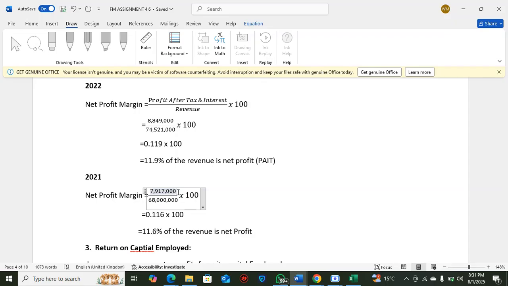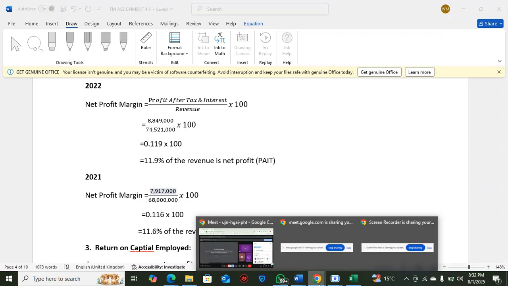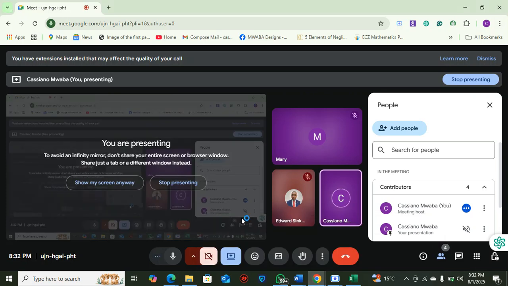Net profit and sales were higher in 2022 than in 2021. It's just that the change in net profit and the change in sales is proportional. That's why we're still getting the same percentages.